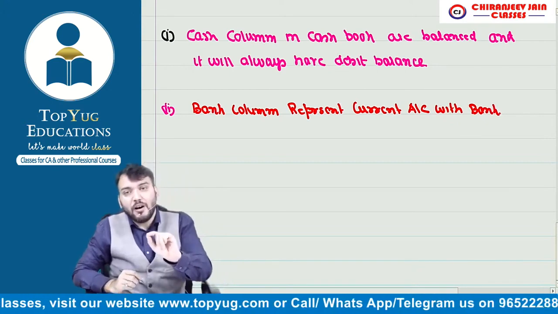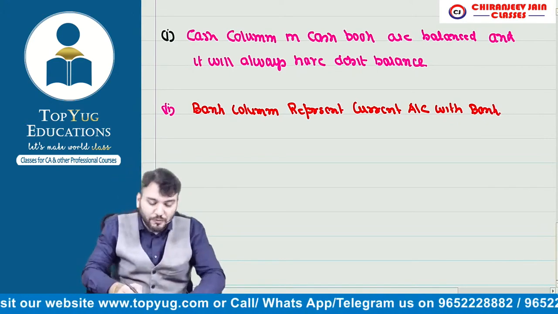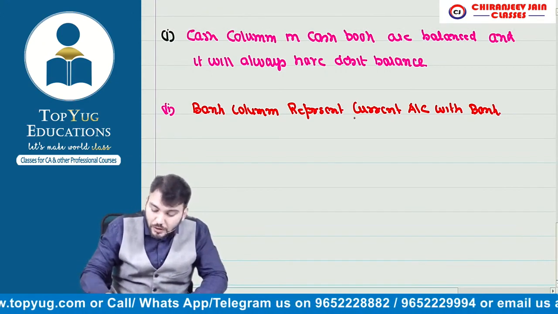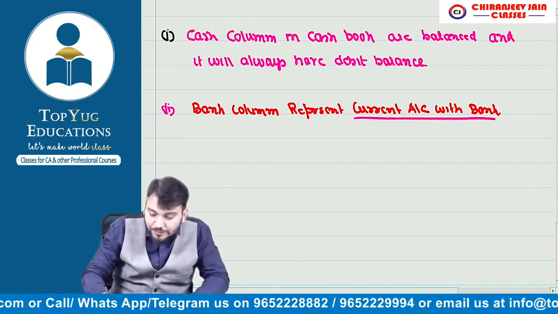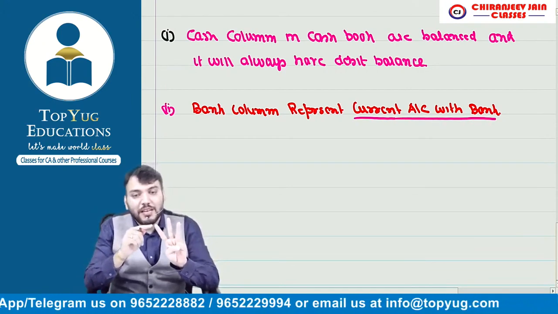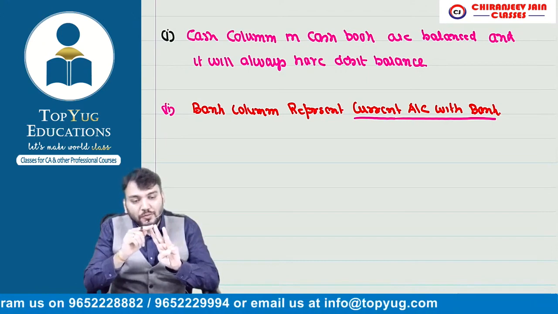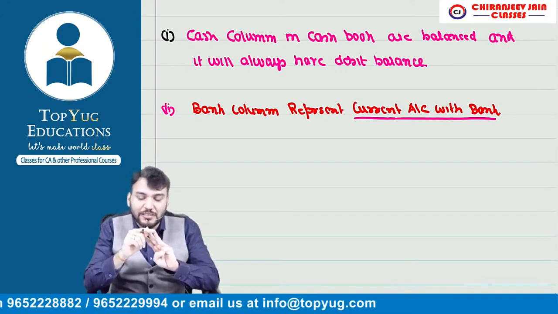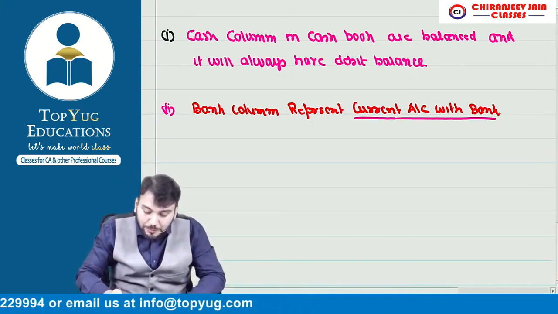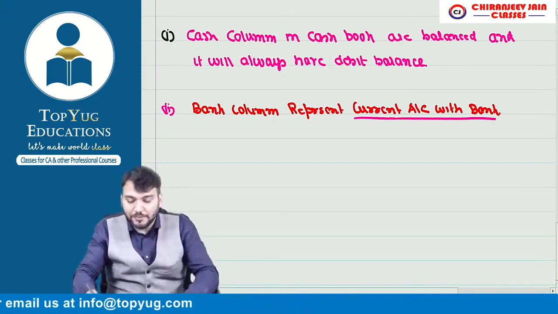So when I say the bank column represents current account with bank, normally in a bank we can open three types of account. One is known as saving account, one is known as current account, one is known as fixed deposit account. Are you getting? Correct? But the bank column represents current account with bank.